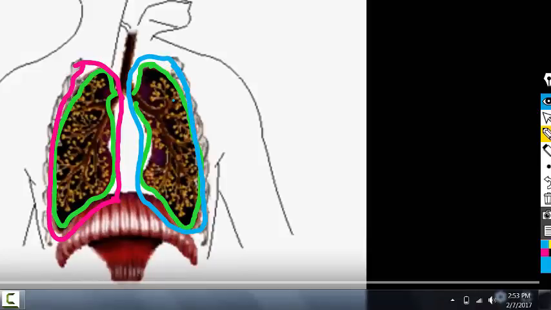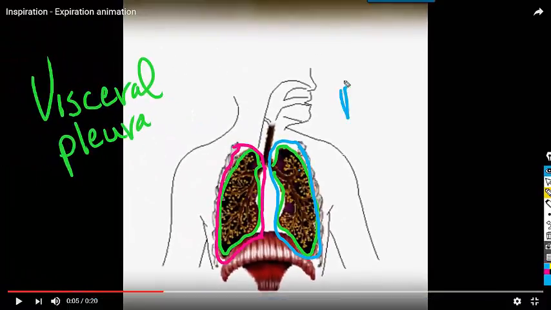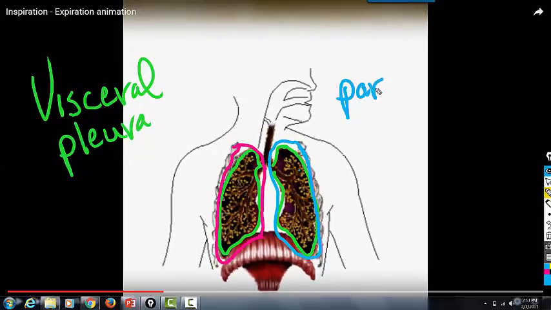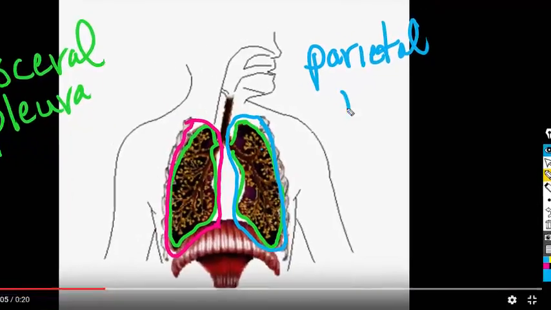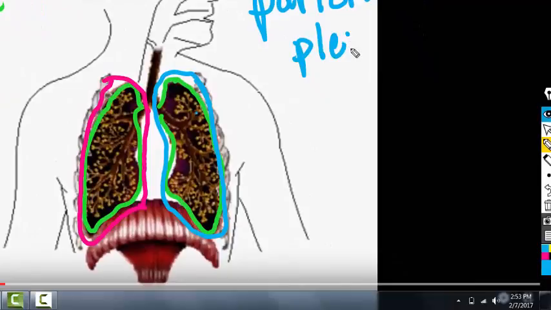It's a thick, tough lining on the inside of the rib cage called the parietal pleura. Now, very important that you get this. The parietal pleura is directly connected to this dome-shaped muscle called the diaphragm.